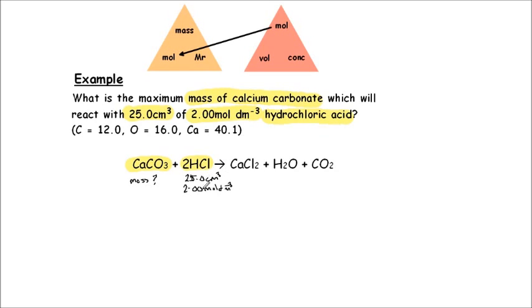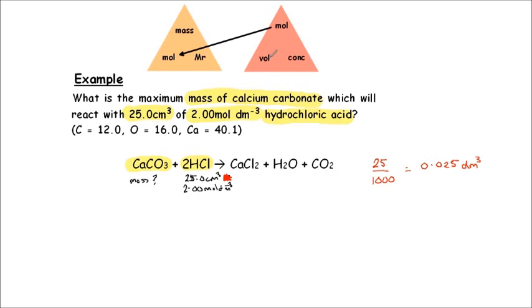So we've got that information there. We need to make sure that we convert this into decimeters cubed. So remember, 25 divided by 1,000 to give it to us in decimeters cubed, which is going to be 0.025 decimeters cubed. Okay, so that's the volume that we're going to be using for that then.